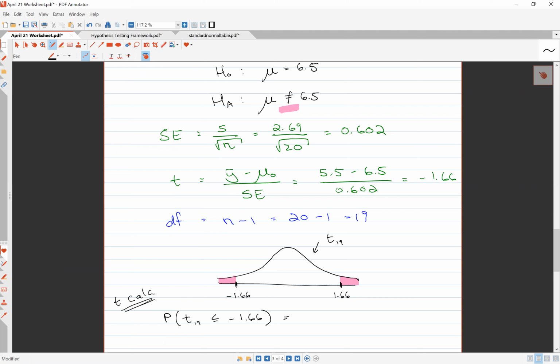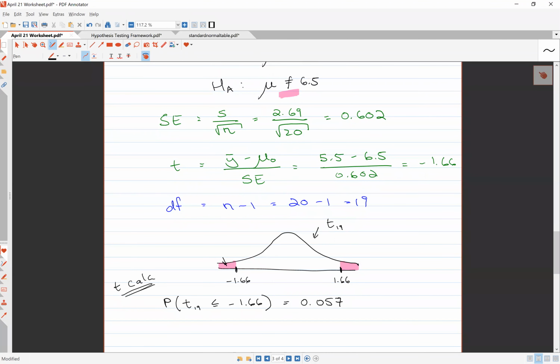You're going to go to that t calculator. You're going to enter 19 degrees of freedom. You're going to enter a t-score of -1.66. Make sure the probability field is clear. Hit calculate, and this is 0.057 if I round to 3 decimals.